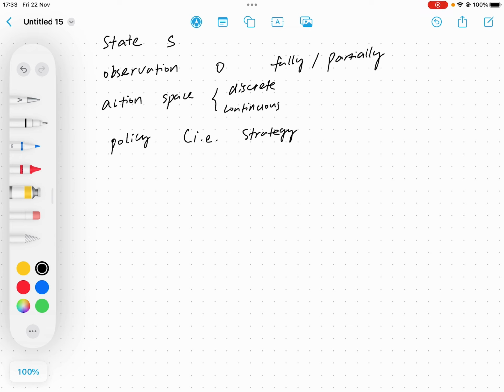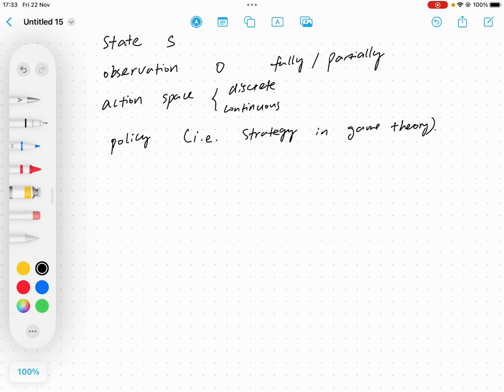In game theory, we need strategies defined for each agent to play in some simultaneous move game or some dynamic extensive form game, right? Here we use the word policy to refer to that concept.